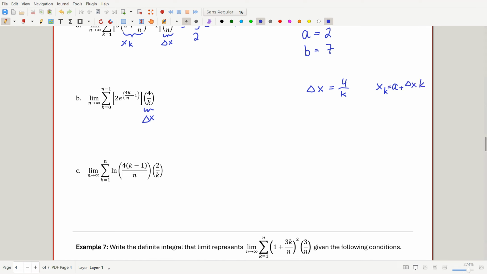So we've got to be in that form somehow. Because it was minus, the two things are switched. But if I was writing it in this form, I could write that exponent on the e as -1 plus 4k over n. So there's your x sub k.